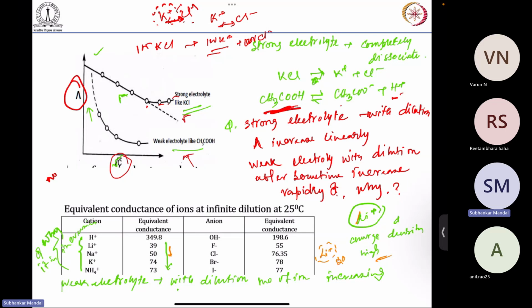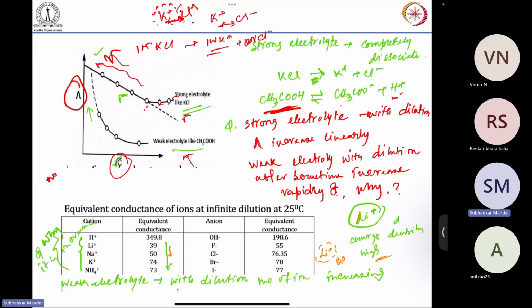For the strong electrolyte, when you dilute the solution, the conductivity increases because it is fully dissociated, and when you dilute the solution, the ions go far away from each other, so there is no interaction between them. The ions act like gaseous particles, so the movement will be high and the conductivity will increase linearly. But for the weak electrolyte, we have discussed that it is not fully dissociated.